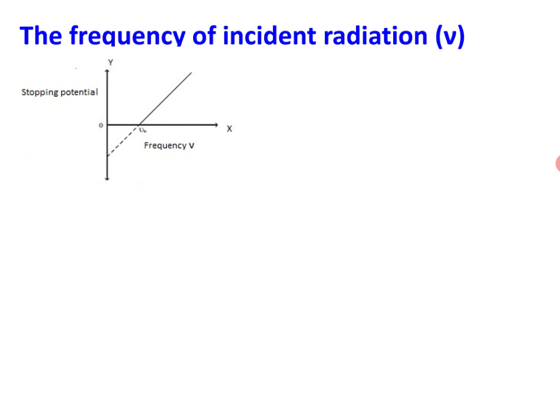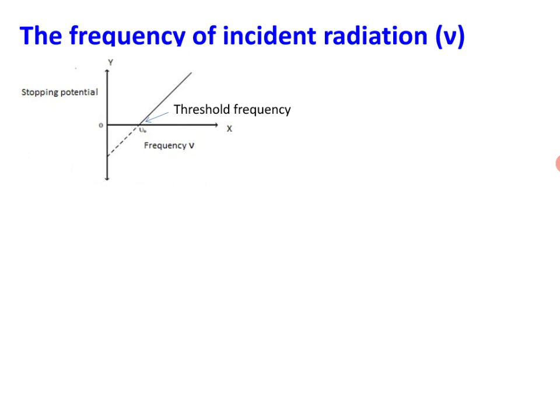If you study here, the lowest frequency we are observing, the minimum frequency required to liberate the electron from the metal surface, is called the threshold frequency. If you give more than that, the electron will get more kinetic energy, and to stop it we have to apply more stopping potential.